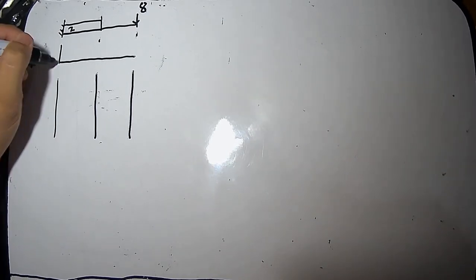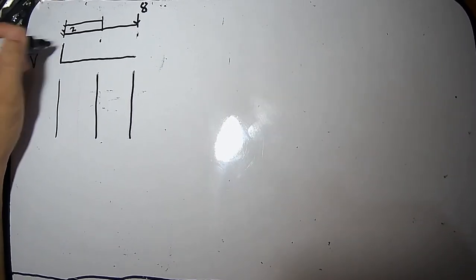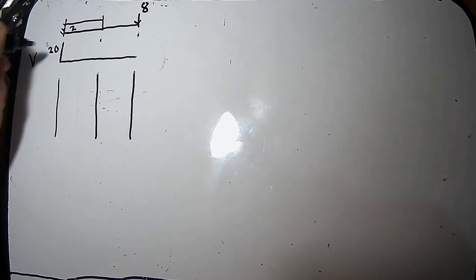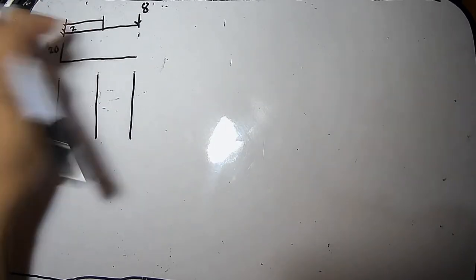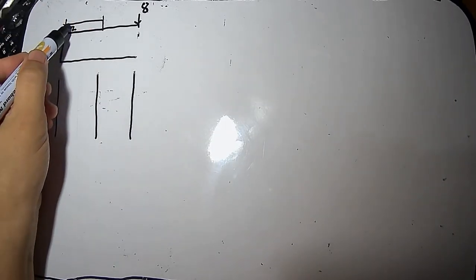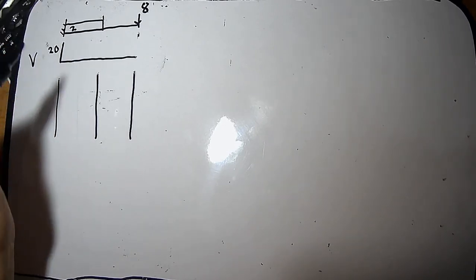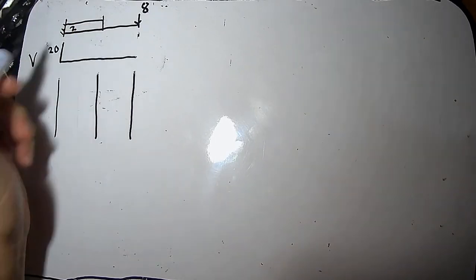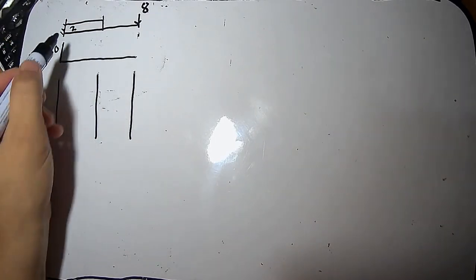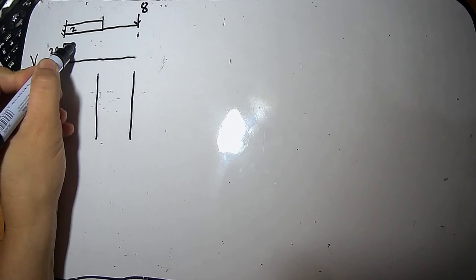So, gawa ka ng vertical line mula dito sa horizontal, pataas yan ng 20. That is your reaction. And then, kapag uniform load yan, yung line mo is first degree or straight line pero incline siya. Okay? So, pababa.